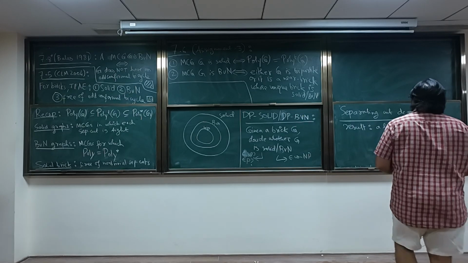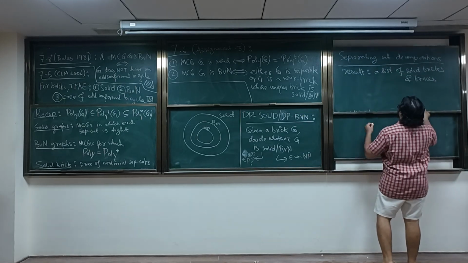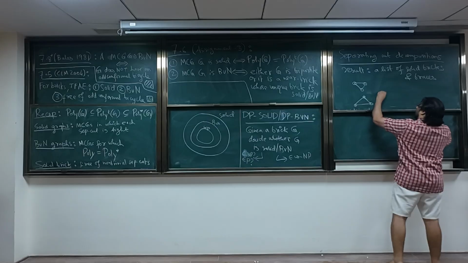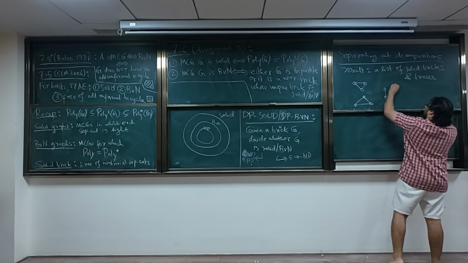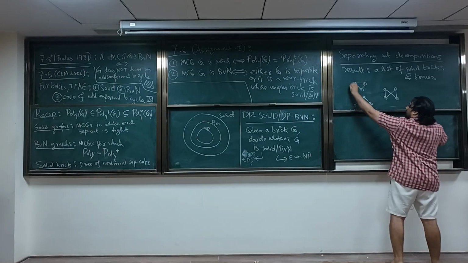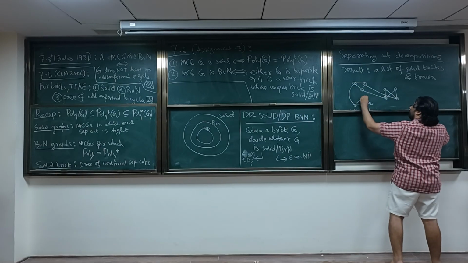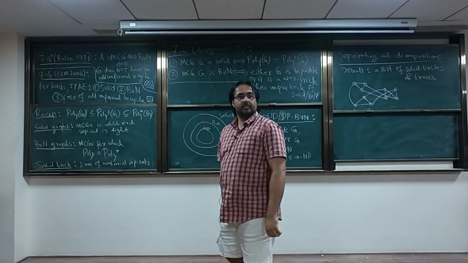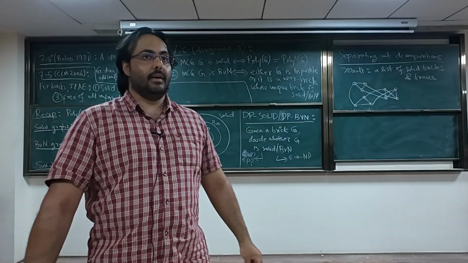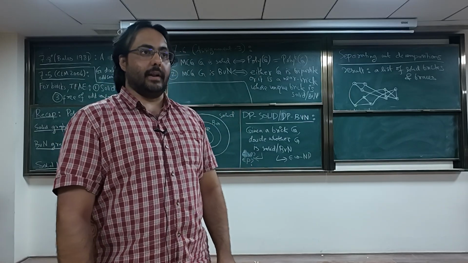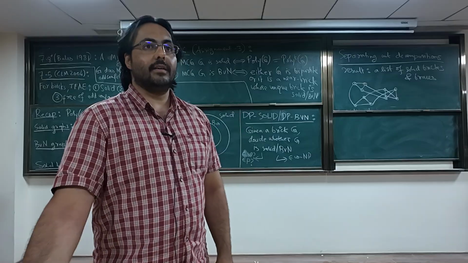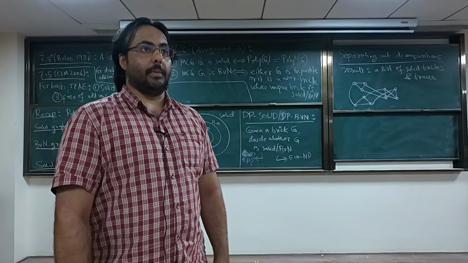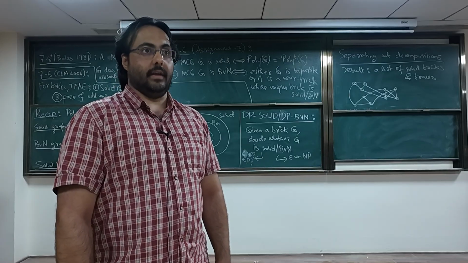Let's do a quick example, right? What do you get here? If you do a separating cut decomposition, or a conveniently chosen separating cut decomposition, what will you get? Two copies of K4 and one copy of K3,3.